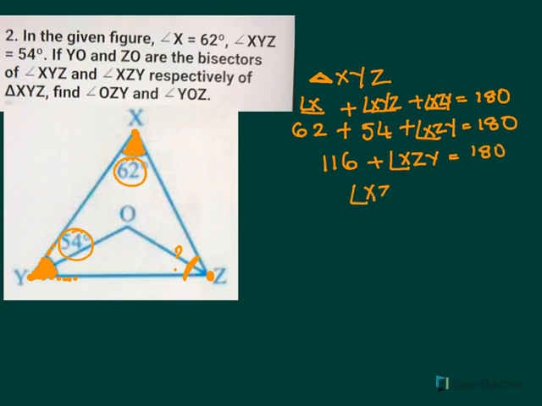And angle XZY equals 180 minus 116, and that answer is angle XZY equals 64. So in this triangle, the last angle which we didn't know is 64.